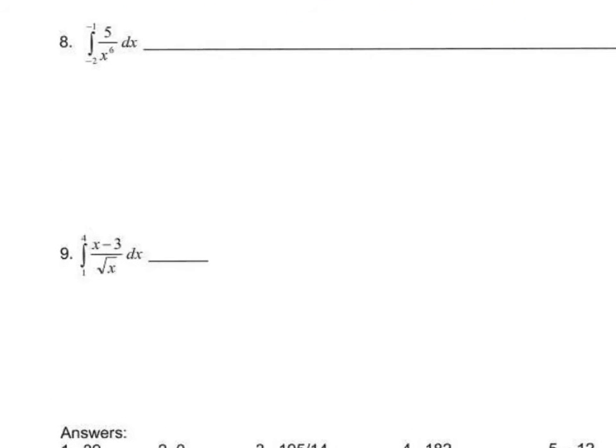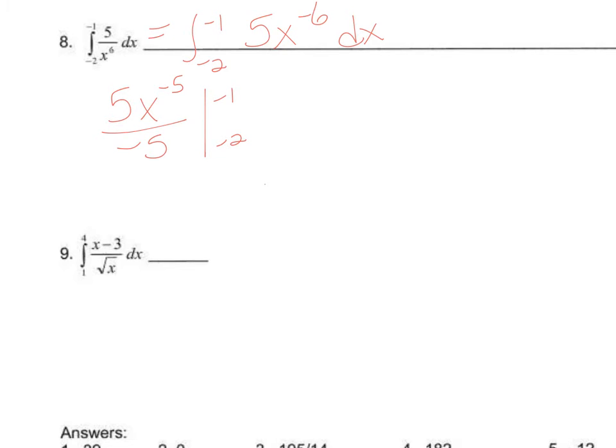Okay, for 8, I cannot do the antiderivative the way the problem is written. We have a variable in the denominator. So we have to make this 5x to the -6th. So now I can do my power rule, bring down the 5, add 1 to the exponent, divided by the exponent. 5 divided by -5 is -1. And then this can move back to the denominator.